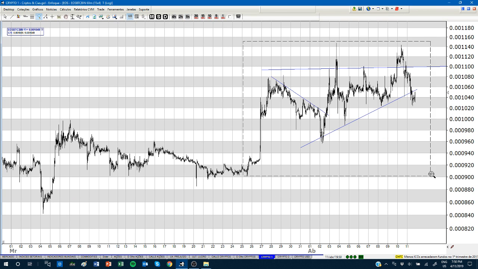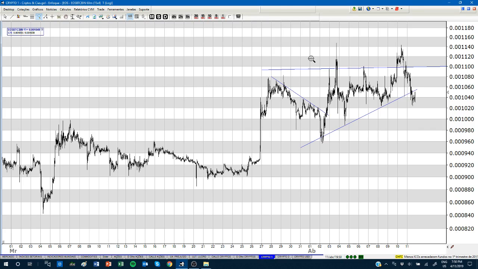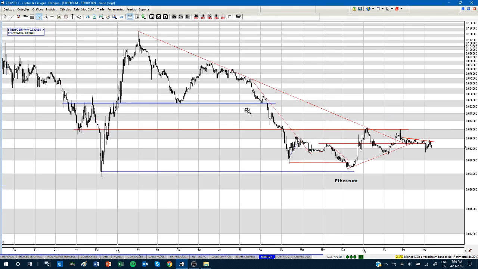It broke this support trend line, but it's heading back. Yeah, today's going to be an important day. We have to wait for some more time to see if that confirms as being a continuation pattern, as I think it will prove to be.